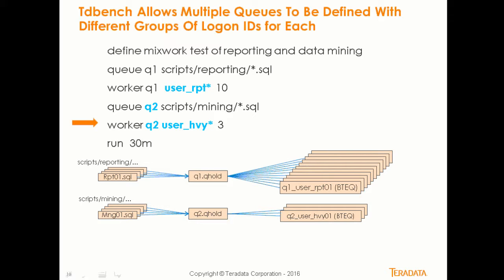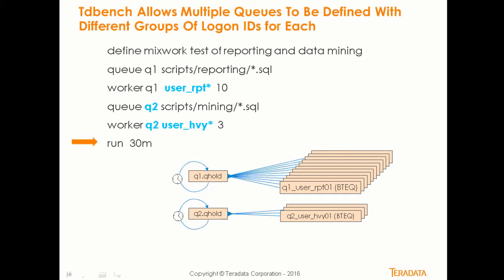The examples here show Q1 or Q2 as queue names, but it's merely a label used for a set of Linux files associated with each queue. You could name them light, medium, heavy, or finance, call center, marketing, or any other set of names needed to make the modeling of the user environment clear. When the run statement processes, each queue's workers process independently until the overall time for the run elapses.